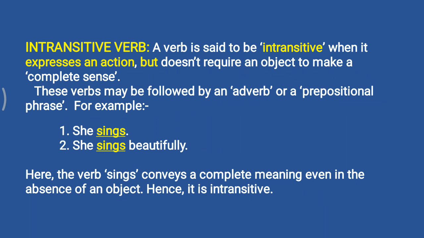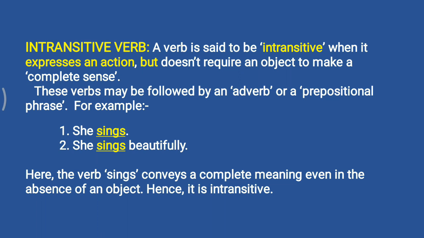Next is intransitive verb. A verb is said to be intransitive when it expresses an action but does not require an object to make a complete sense. These verbs may be followed by an adverb or a prepositional phrase. For example, she sings.